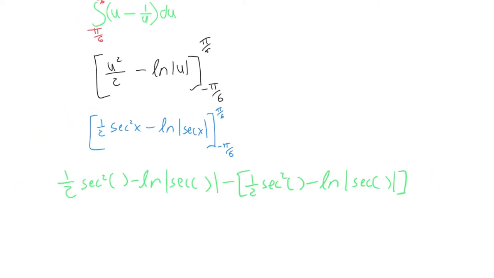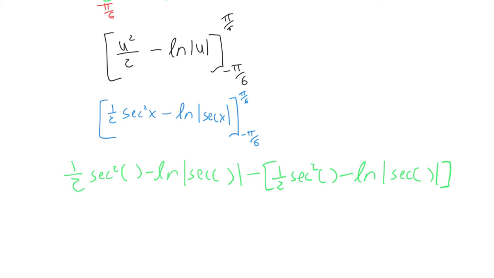And plugging in the values of pi over 6 and negative pi over 6, we'd have pi over 6, pi over 6, negative pi over 6, negative pi over 6.